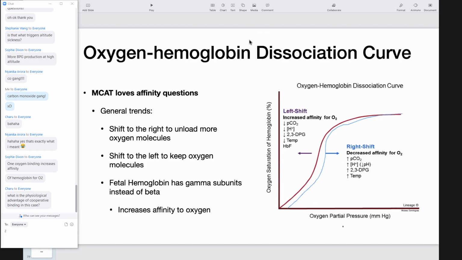What this is saying is to reach a certain saturation, let's just say right here, for the red line, we need a lower concentration than the blue line to reach the same saturation. So if we need a higher concentration of oxygen to reach the same saturation, we have a lower affinity.